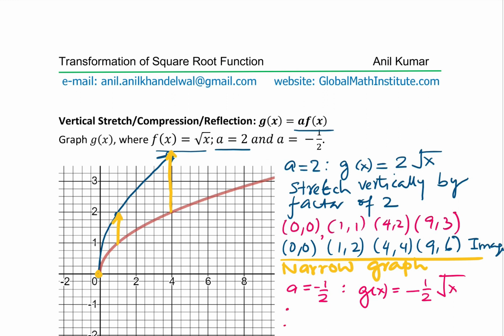One of them is reflection on the x-axis, and the other is compression vertically by half. So these are the two transformations which take place.